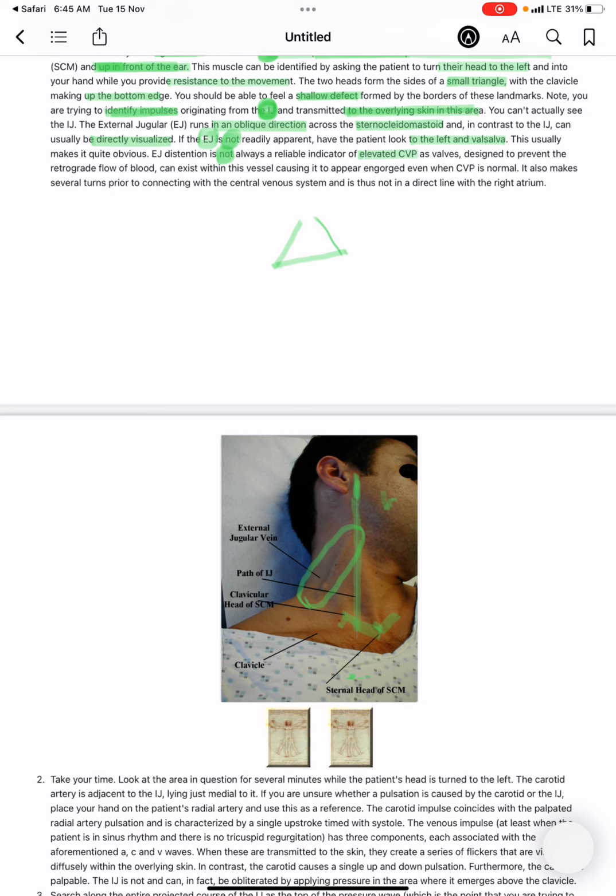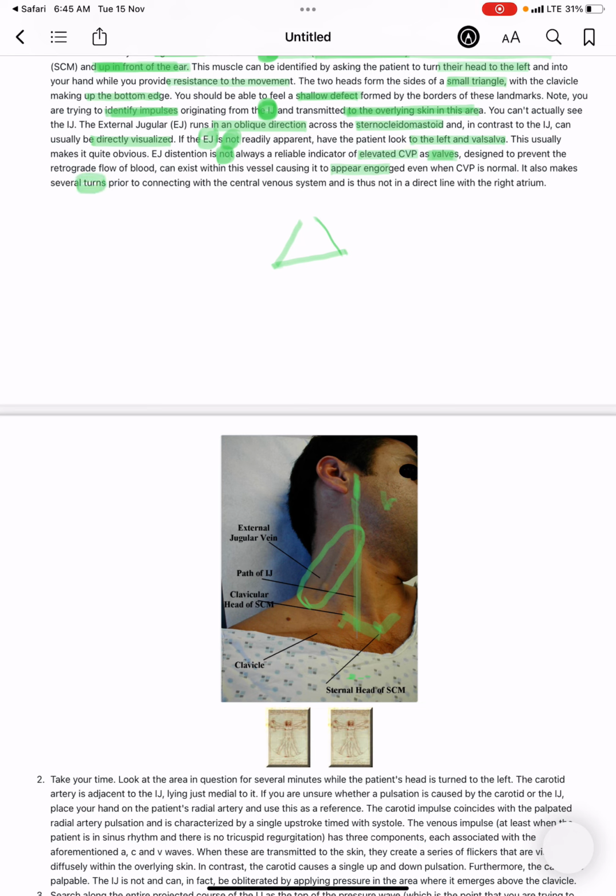So because of these valves within this vessel, the external jugular vein can appear engorged. It also makes several turns, so it's not in straight line communication.